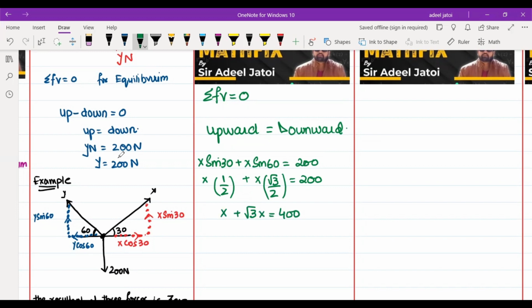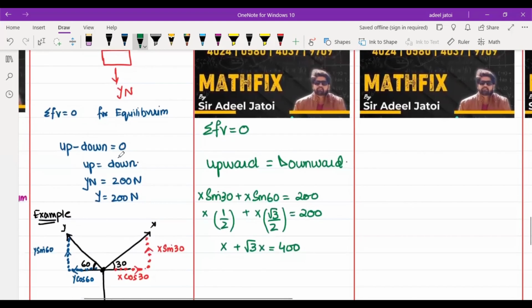Let me just correct one particular thing here. We had y sine 60, so this will be your y from this side: y under root 3 upon 2, so under root 3y.